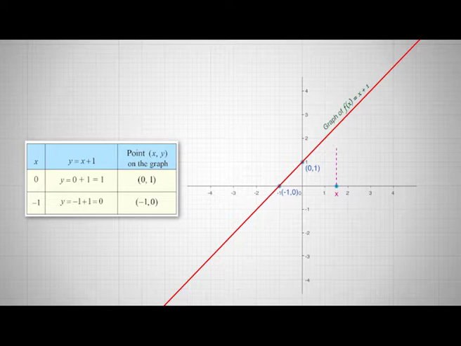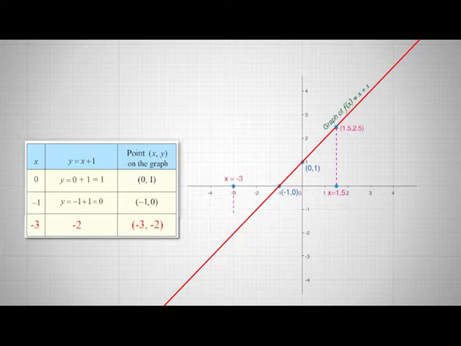Corresponding to every x, there is a unique y satisfying y equal to x plus 1 such that the point (x, y) lies on the straight line. For example, when x equal to 1.5, y equal to 2.5 and the corresponding point is (1.5, 2.5) and it lies on the graph. When x equal to negative 3, y equal to negative 2 and the corresponding point is (negative 3, negative 2) and it lies on the graph.